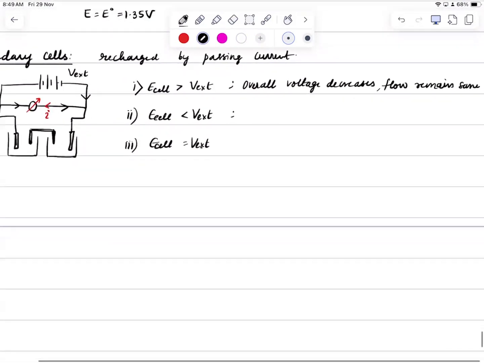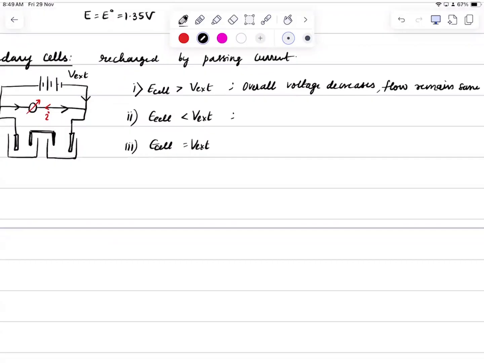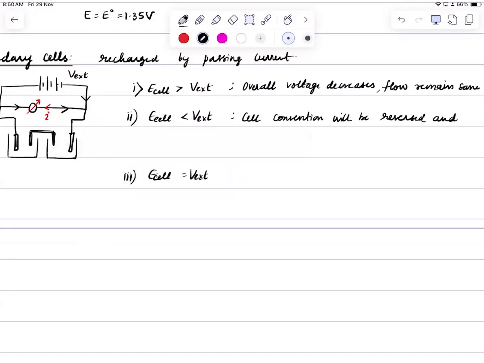Next, if V external is greater than E cell, then the cell convention will be reversed. Zinc gets reduced and copper gets oxidized.